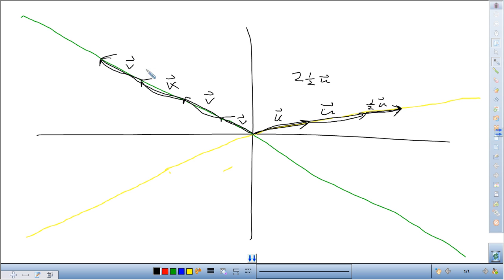So 4v gives me that whole vector, and I can go negative, so I could do negative 3v to get way down here into this area over here. So this line represents the span of v, everywhere I can get using v, whereas the yellow line represents the span of u, everywhere I can get with u alone.